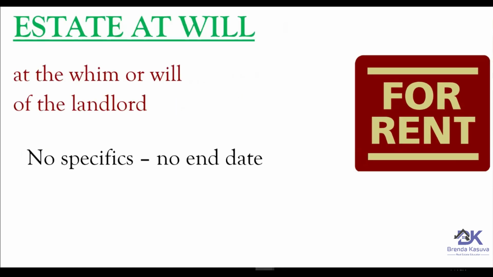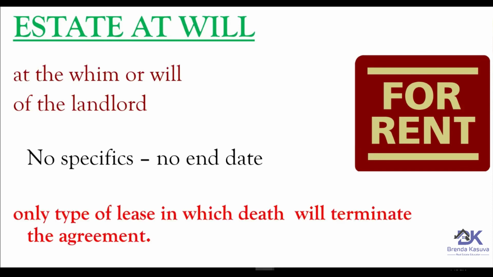And then estate at will. This one, we never really specified how long the time frame is going to be. You moved in, I'm helping you as a friend. We never really discussed how long it's going to be. So this one will continue until one of us says stop.